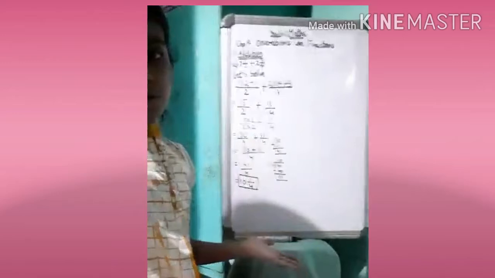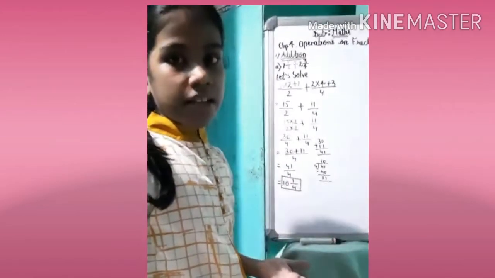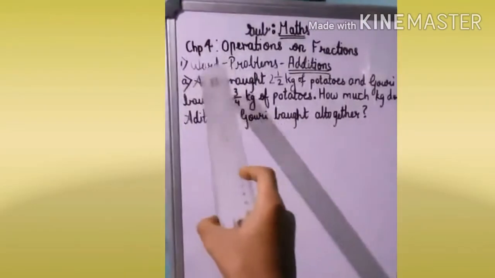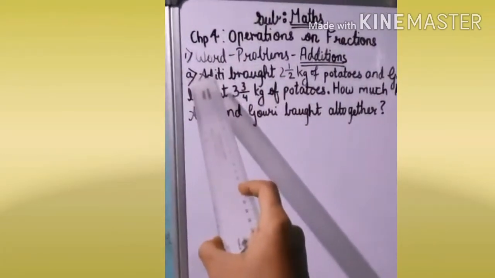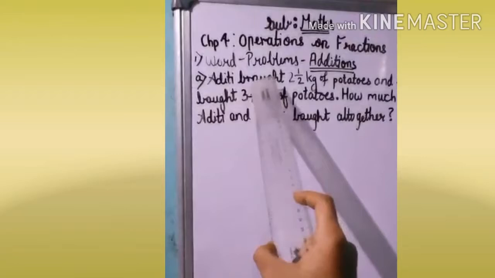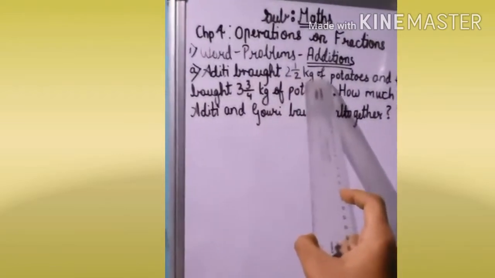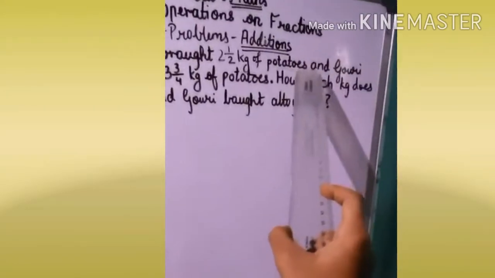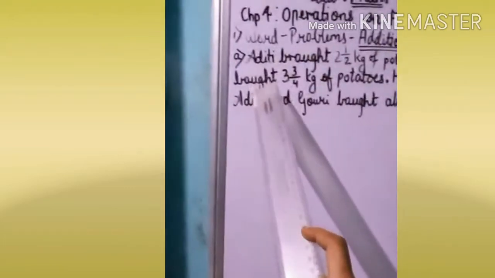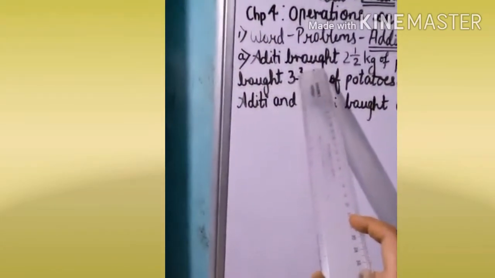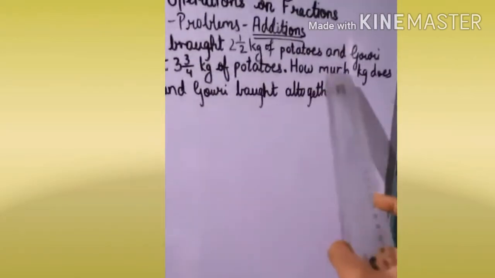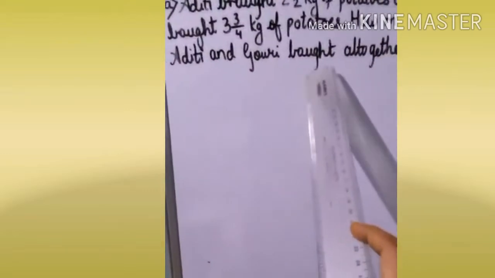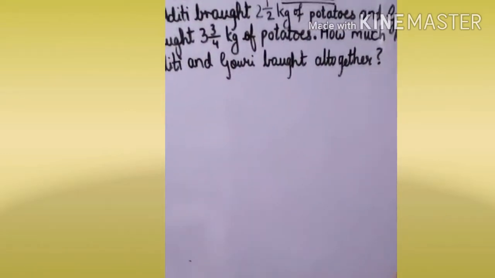Now we will move on to the word problems of addition. Now this is one example of an addition word problem. Now see, Aditi bought 1 upon 2 kg of potatoes and Gauri bought 3 upon 4 kg of potatoes. How many kg did Aditi and Gauri buy all together?